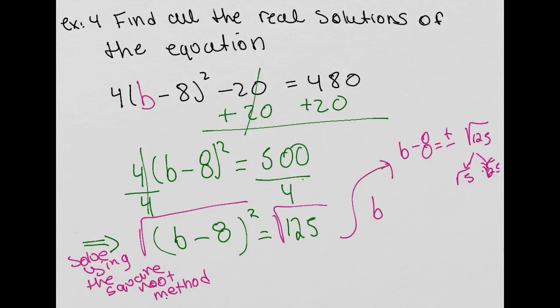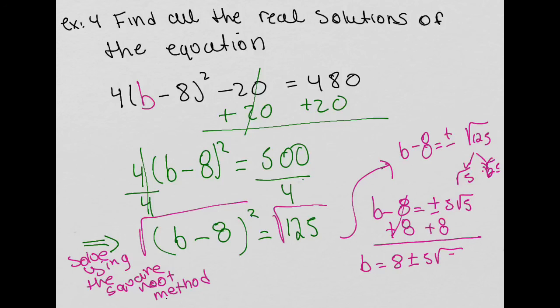So that leaves me with b minus a equals plus or minus 5 square root of 5. Now I'm going to add the a to both sides. b equals a plus or minus 5 square root of 5.